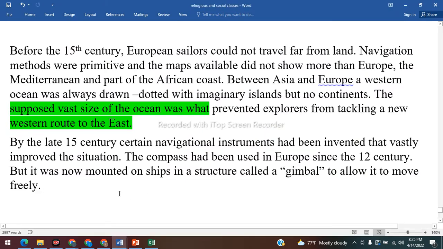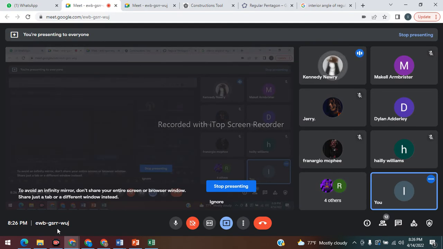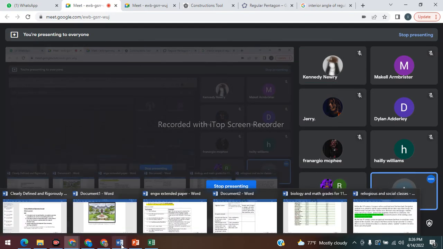Move freely and always point. In which direction does the compass always point? Anyone? Can you repeat the question, please? Yeah, in which direction does the compass always point?